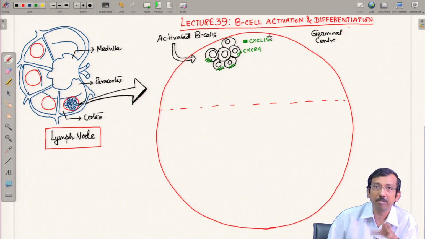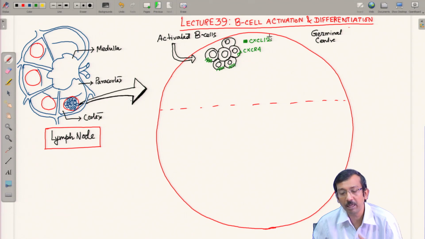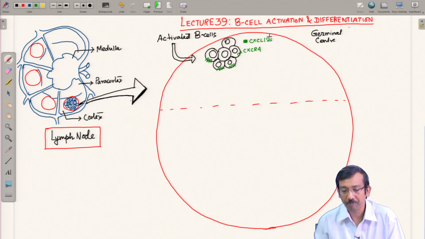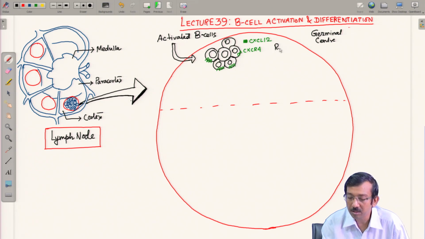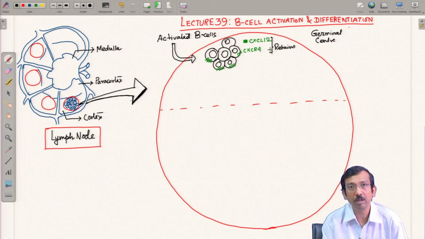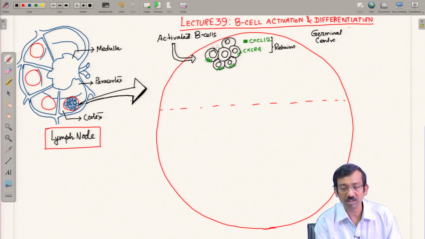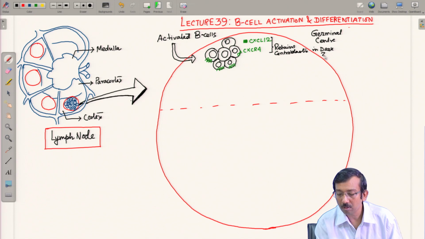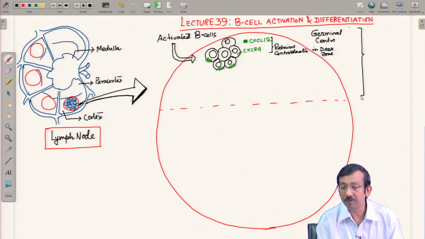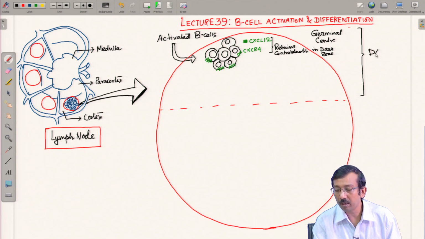This interaction of the chemokine to the chemokine receptor is primarily required for retention of these centroblasts in the dark zone. This part of the germinal center, we call it the dark zone.